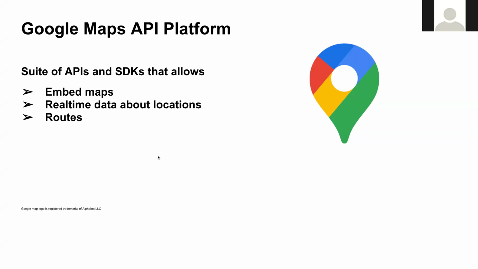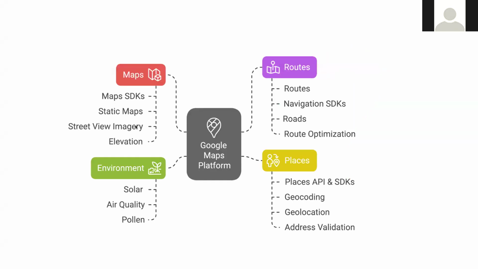Okay, so talking about Google Maps Platform now. It provides a comprehensive suite of APIs and SDKs for maps, routes, and more, and I have added all this information here.